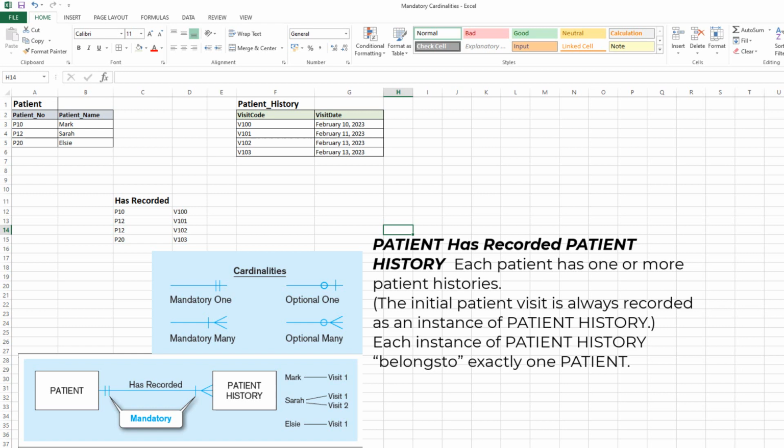Let's look at it. I am going to start reading from the left, and when I do, I will ignore the notation right next to it. So that means the patient entity.